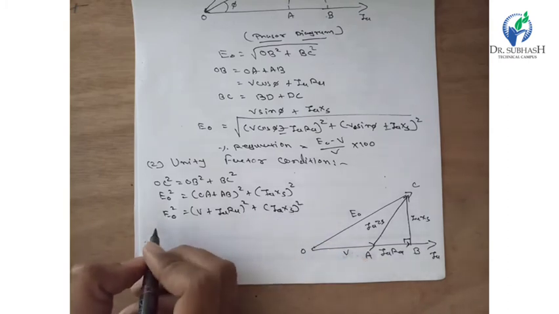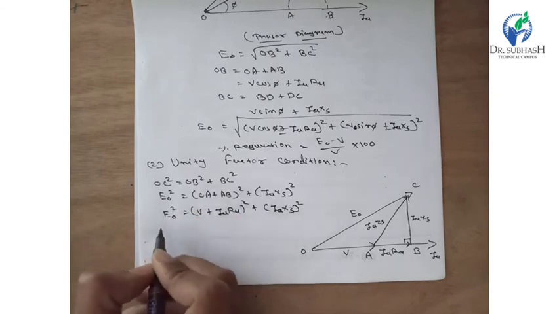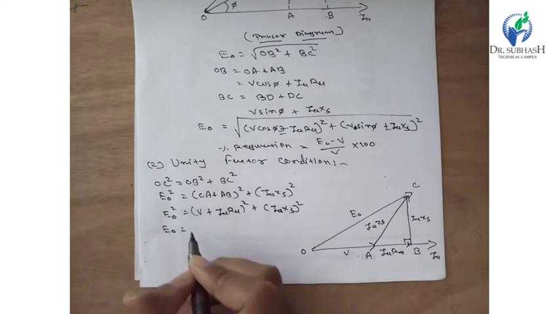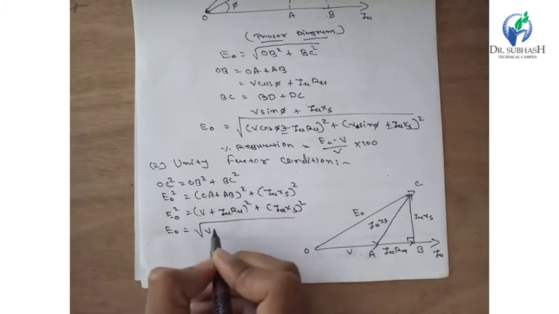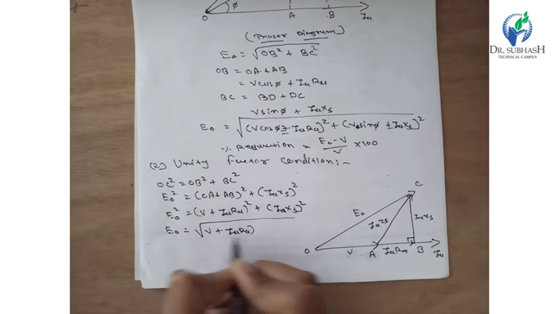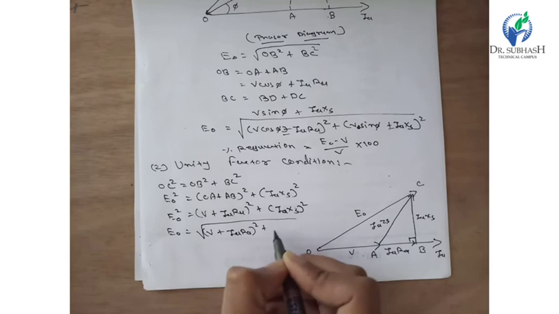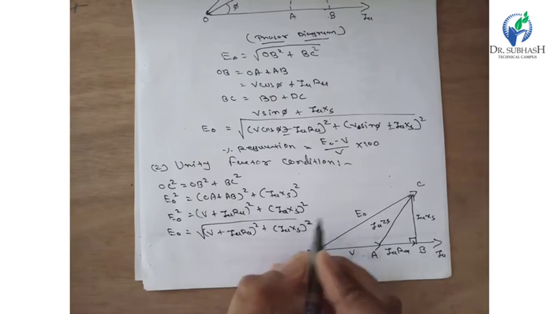Taking the square root, E0 is equal to root of (V plus Ia into Ra) square plus (Ia into Xs) square.